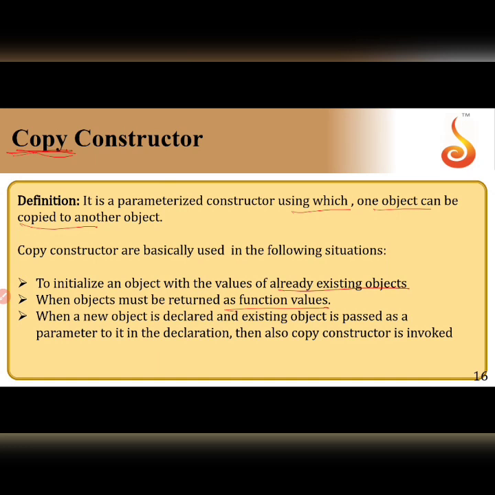And when you declare a new object, an existing object can be passed as a parameter to it, so that a copy constructor is invoked and a copy of it is made. So please go through this. It's a 5-marker question. They can ask you about the copy constructor.